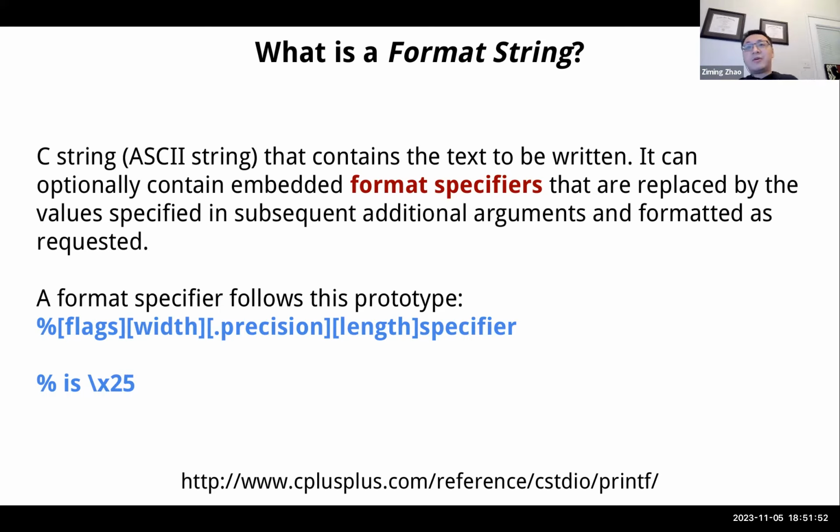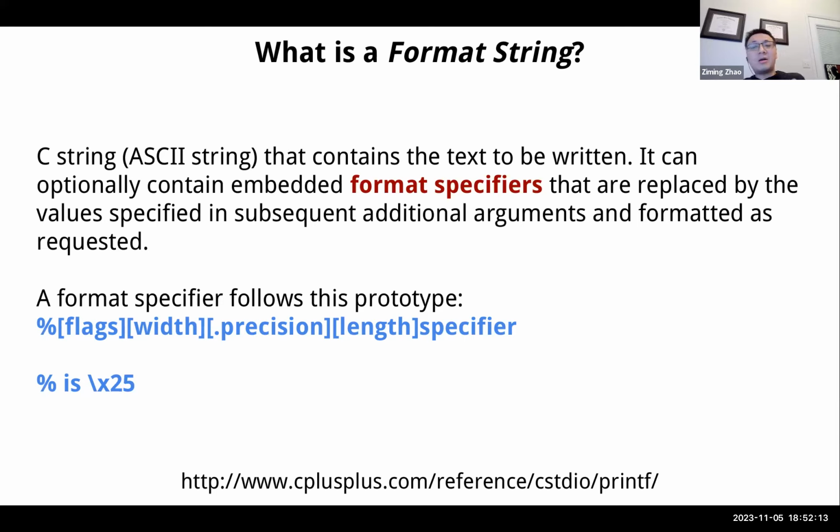So the format string function will parse the format string. It will try to understand the format string and work out what other arguments it should look for. Then it looks for those arguments on the stack.